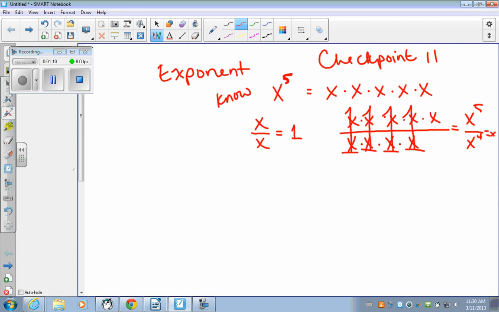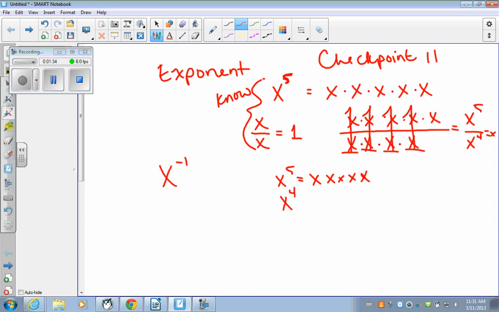Okay, so if I start out, the thing that's kind of new to us is if I have a negative exponent here. And that's the tricky part. So I'm going to explain that using these two concepts that you already know. So let's look at this. X to the 5th, as you know, means you're multiplying whatever that number is by itself, and you're doing that 5 times.